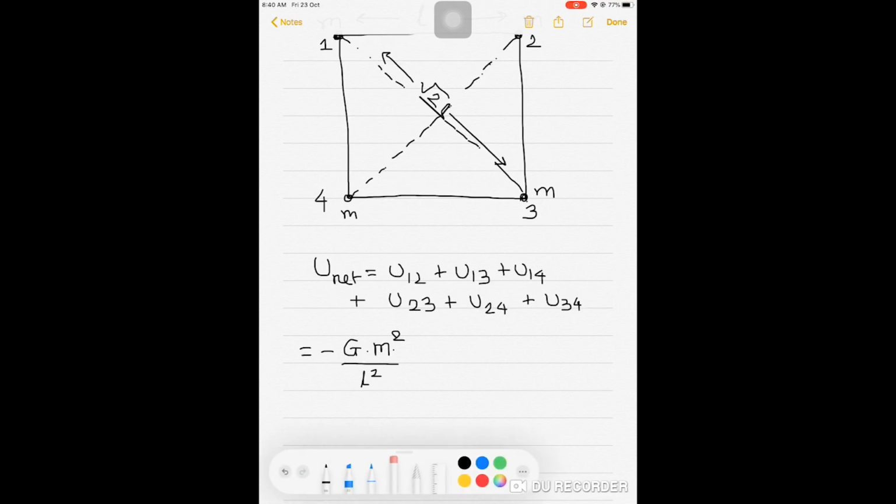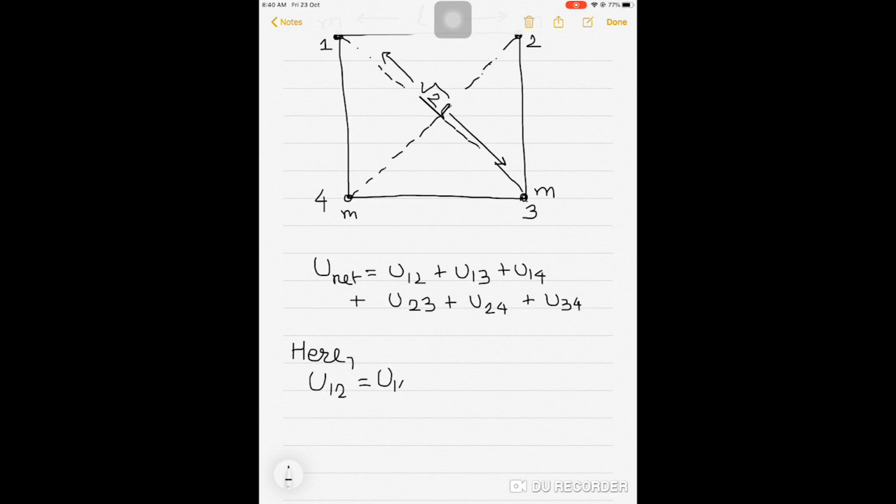So U12 is equal to U14 is equal to U23 is equal to U34, and that is equal to minus G m square over l square.